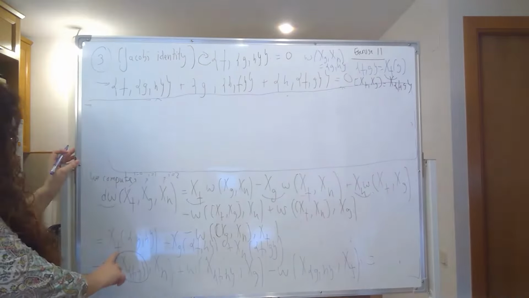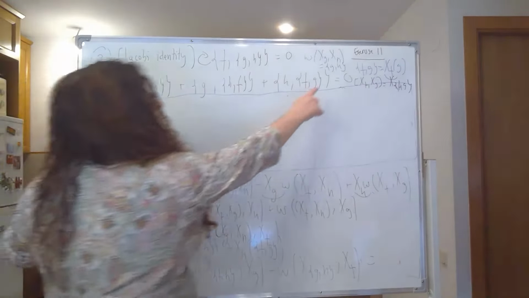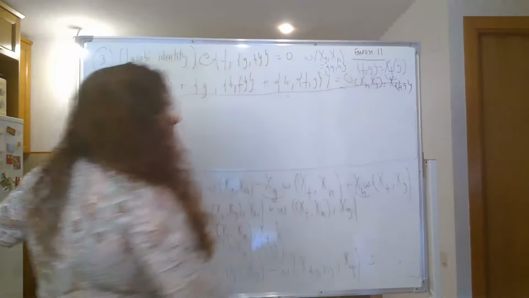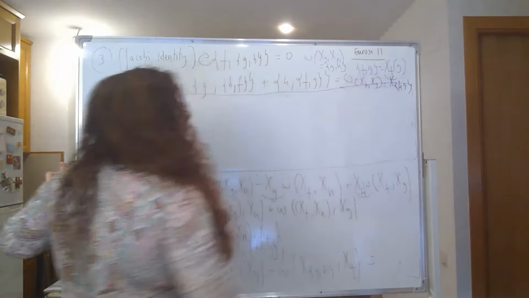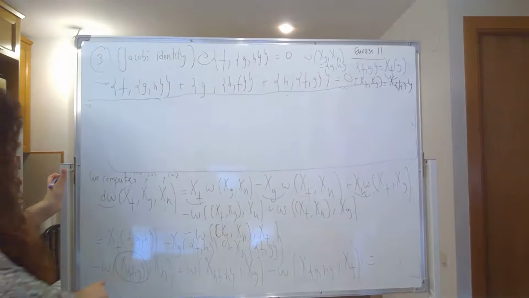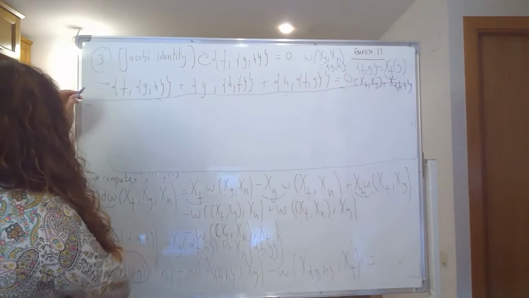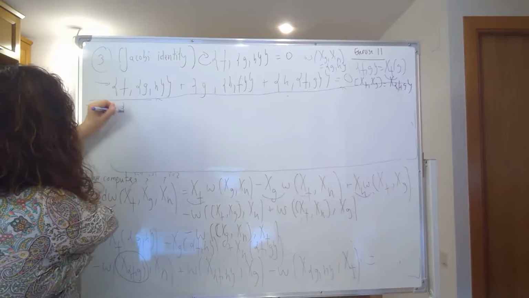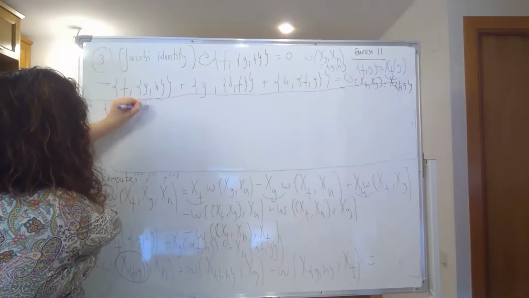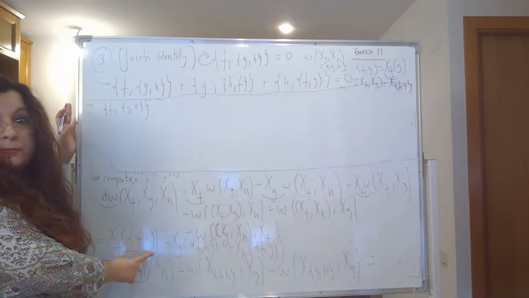Next step, I apply the definition of the Poisson bracket. Okay, well, this consequence of the bracket is XF and G. So that's the bracket of F by definition GH. That's the first term.